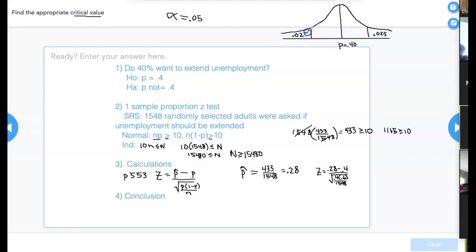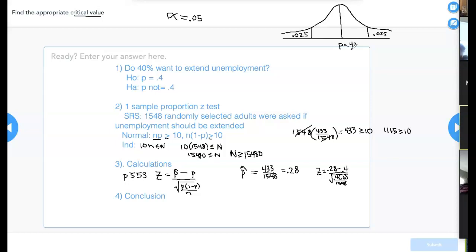So I got to figure out what z critical value corresponds to that area. So I could do inverse norm 0.025 or inverse norm 0.975. That'll give it to me. I could go to table 3 in my book, table 3 in the back of the book, T3, or it's table B. I could keep calling it table 3. It's on T3.